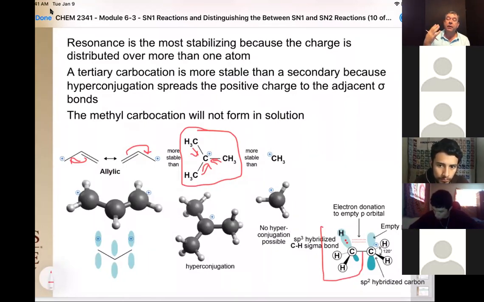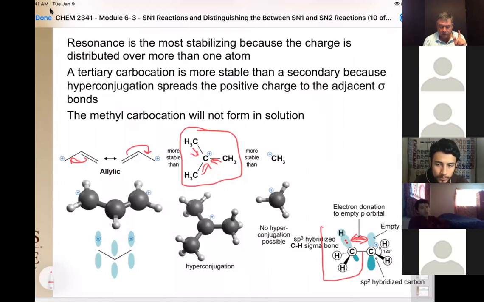So we have the ability of that sp3 hybridized sigma bond giving a little bit of through space donation, and that's called hyperconjugation. It's not full conjugation, because in full conjugation, you need a p orbital next to a p orbital. But because we have some electron density and they're close enough in space, it can donate a little bit of its electron density through space.